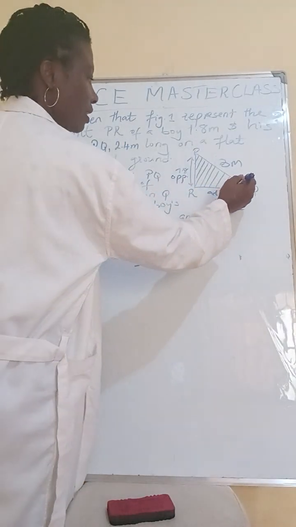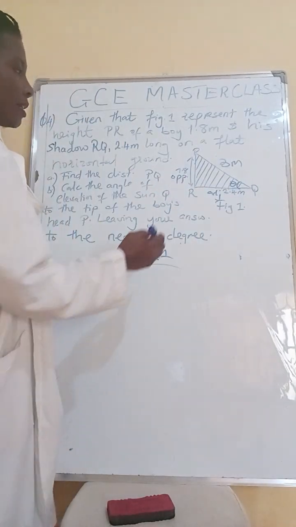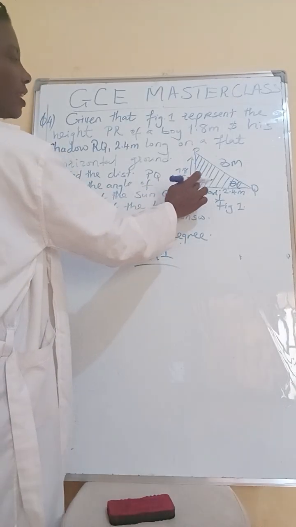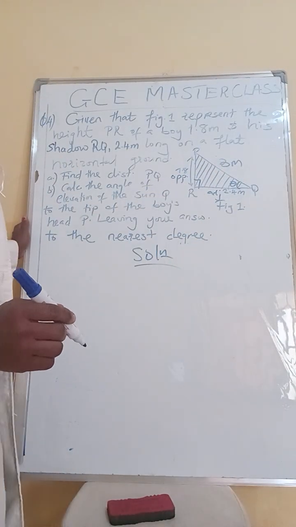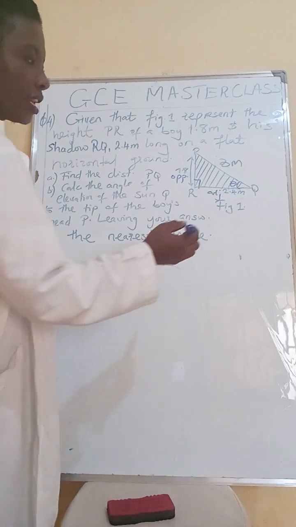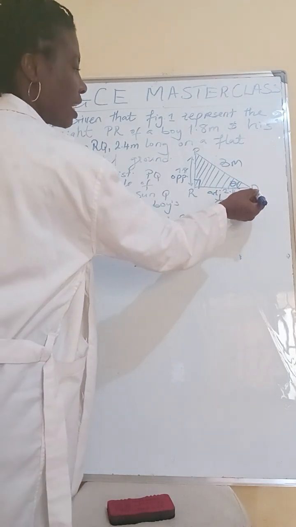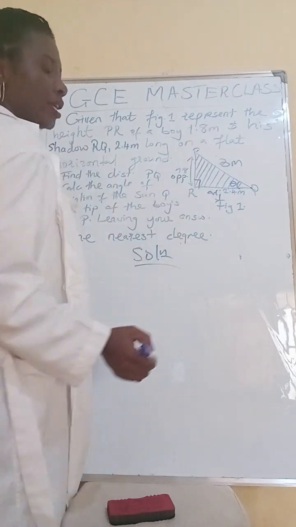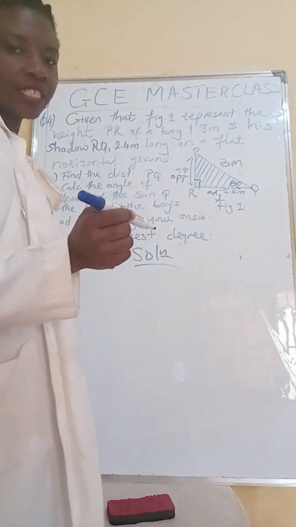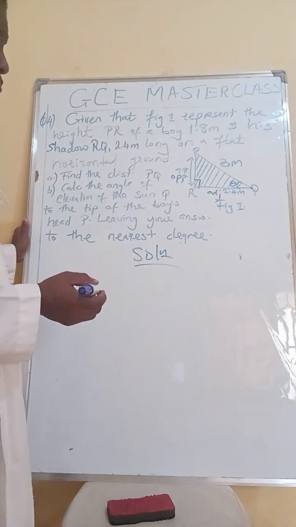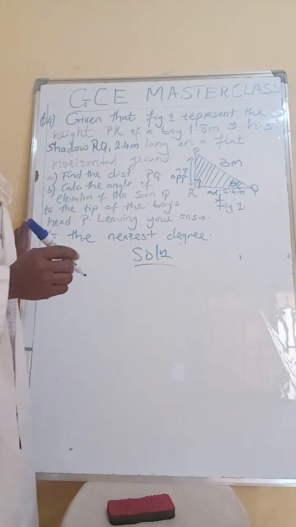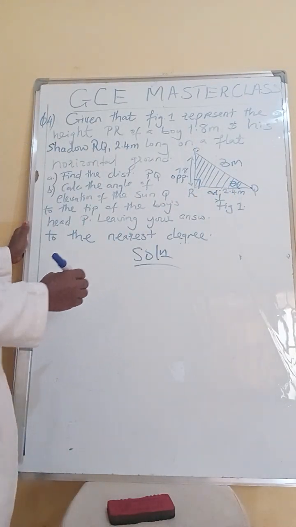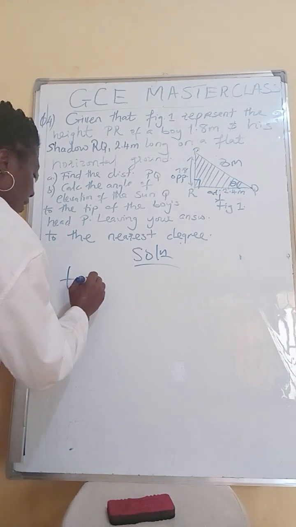The angle here is theta. And the angle of elevation, this theta here, is the angle of elevation from Q to P. So for the angle of elevation, we are going to say tan theta.